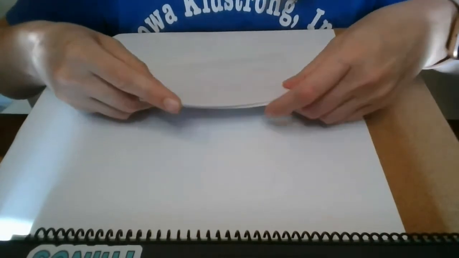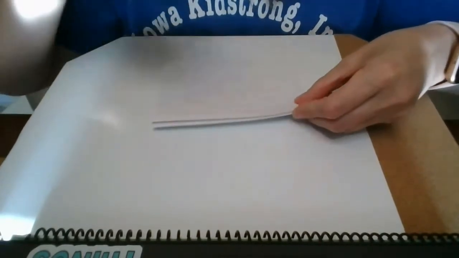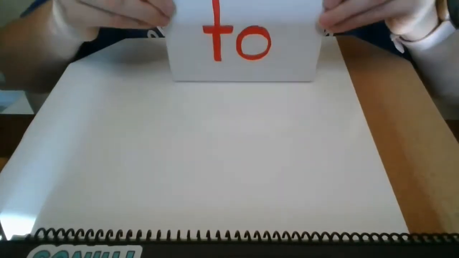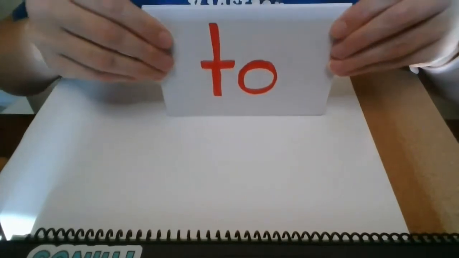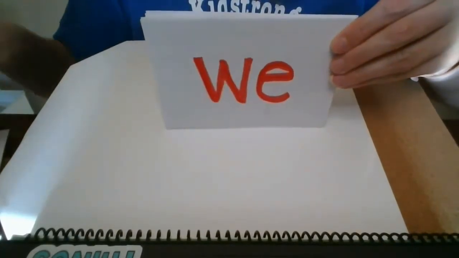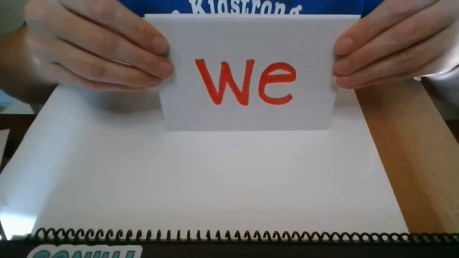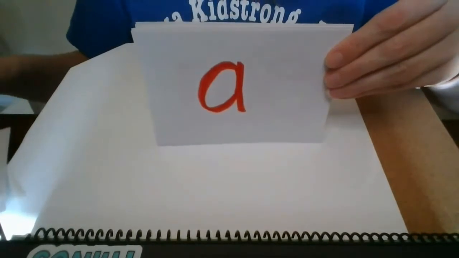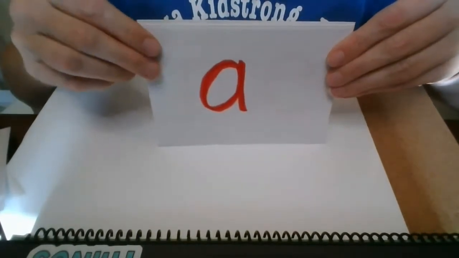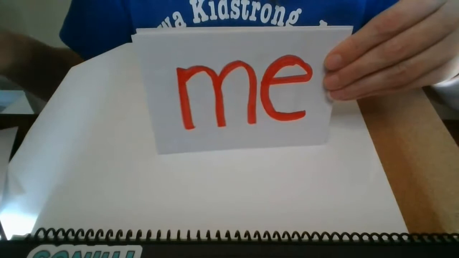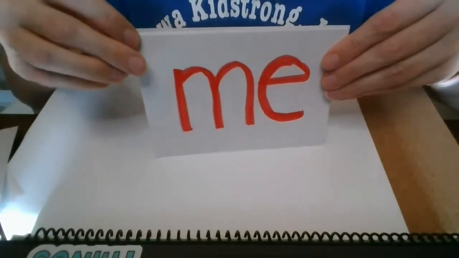So let's start just by going through our red words. See if you can say the word before I say it. Here we go. To. We. My. A. Me.